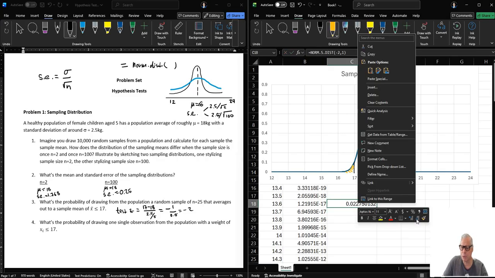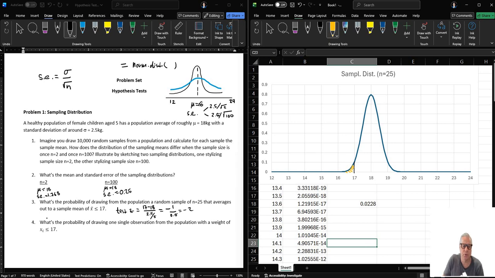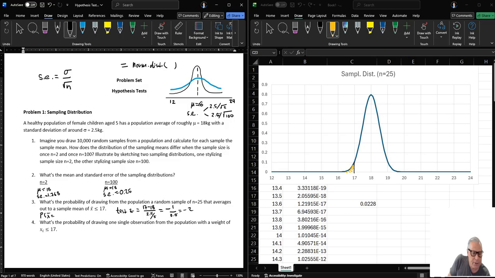Okay, so that probability is roughly 0.0228. Okay, so we would write the probability of x less than or equal to 17 when n is 25 and the standard error is 0.5, well, that is 0.0228.